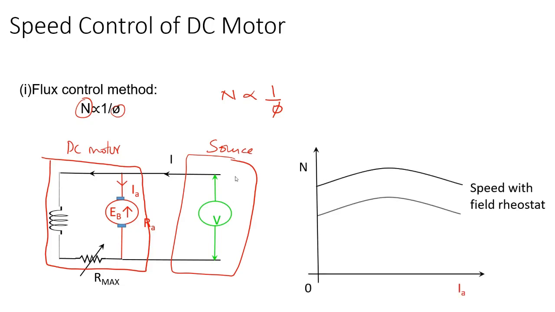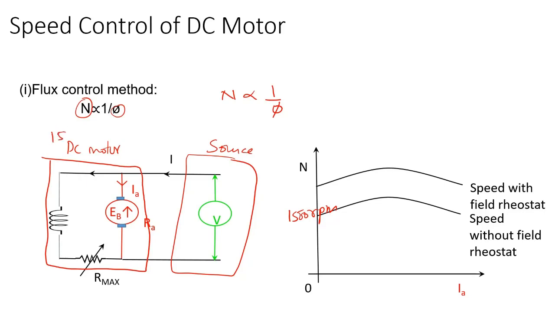Now let's see what happens. Directly the source is connected to the motor of the same rating. In this method, you can control its speed above the rated speed. Every motor has some rated speed. Let us say the rated speed is 1500 rpm, revolutions per minute.